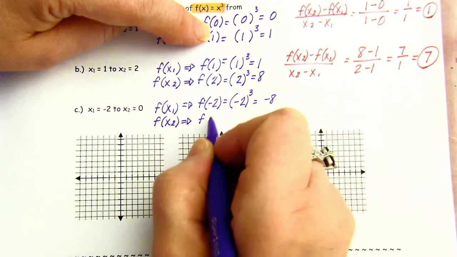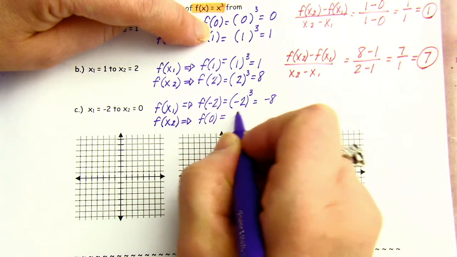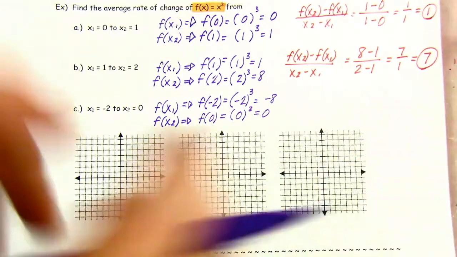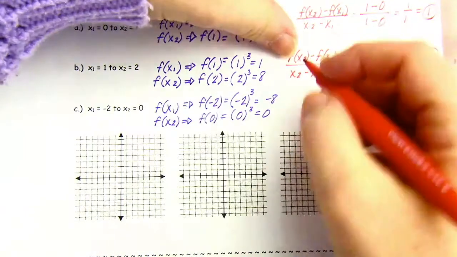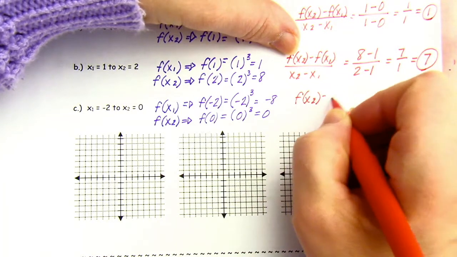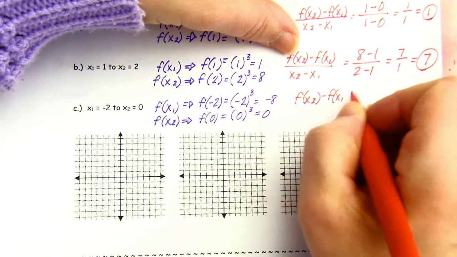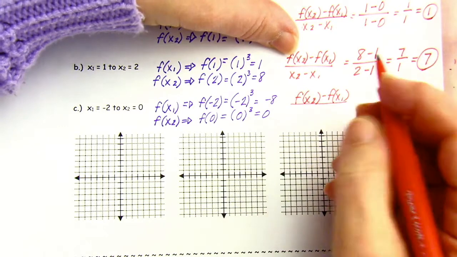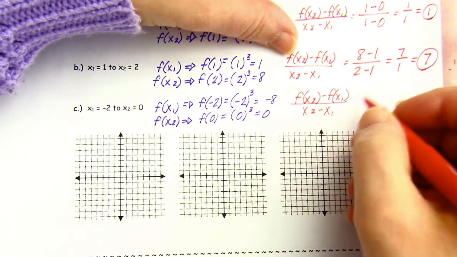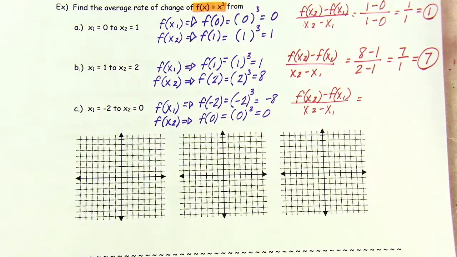When I cube a 0, it's still 0. All right, set up. I like to write my formulas over again because I feel like I learn them better because I have memories of writing it over and over and over again.